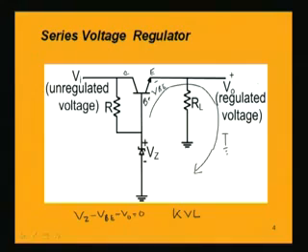So if V naught now increases, what will happen is that if we look into this VBE, which is nothing but Vz minus V naught, now Vz is the Zener voltage, it is constant. So what will be varying if V naught varies? From this equation it is clear that VBE, the base to emitter voltage of the transistor, will vary.